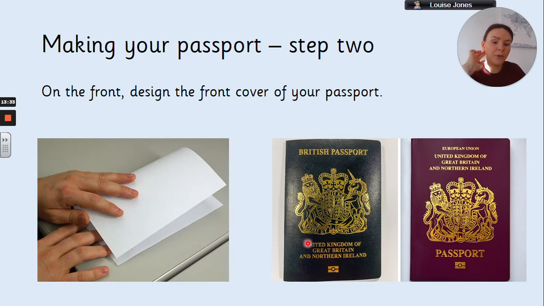Now some people do have this blue version, but you will see that they are still very similar. They've got the same sort of picture on the front, and they either say British passport, or it says United Kingdom of Great Britain and Northern Ireland passport. So you can copy those pictures there. You can pick which one you would like to copy onto the front of your passport. So pause the video here and take some time to design the front cover of your passport.